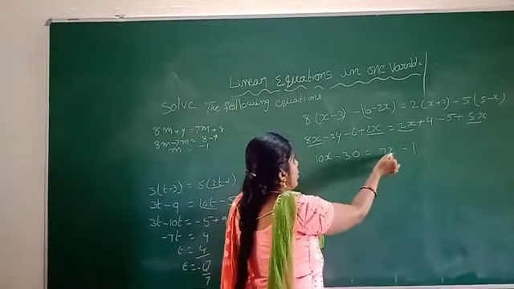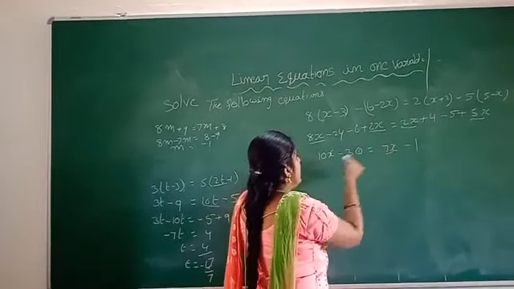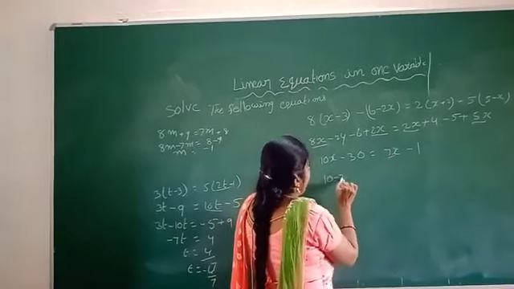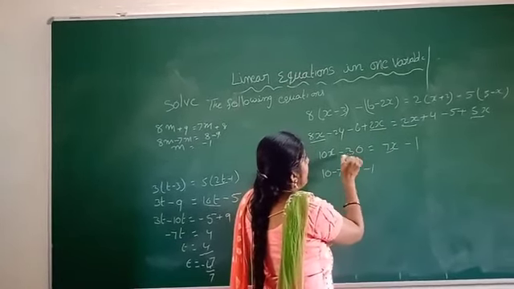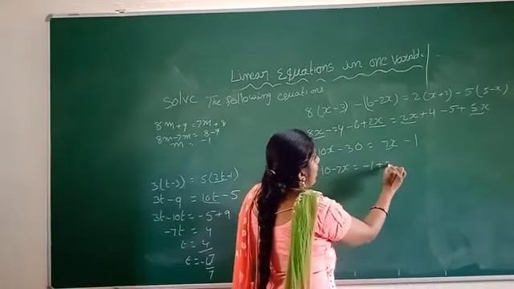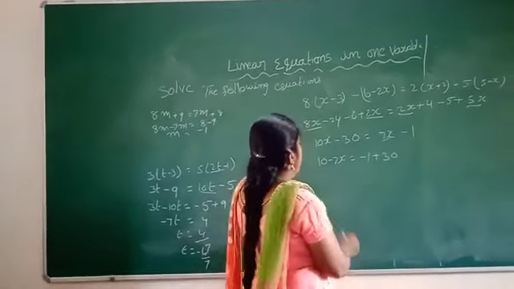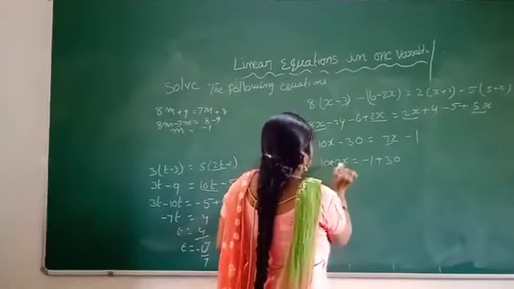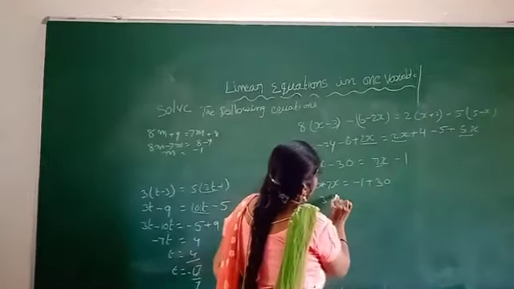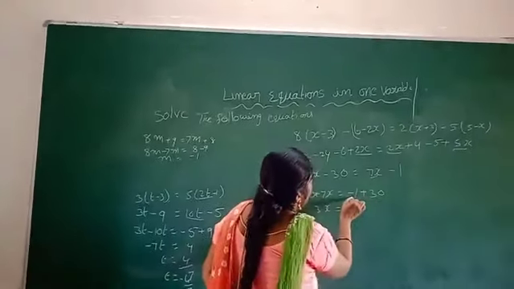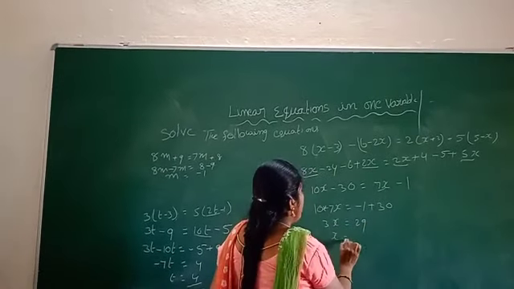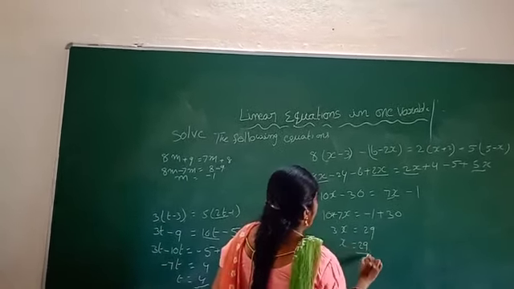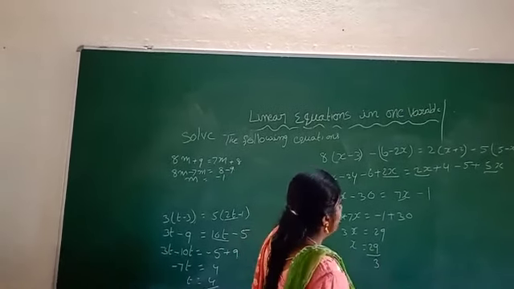So, to change, plus 7x to the other side, minus 7x equal to minus 1 plus minus 13 is changed to the other side, plus 10x minus 7x, how much? 3x. Minus 1 plus 13, how much? 29. So, x equal to 29 by 3.